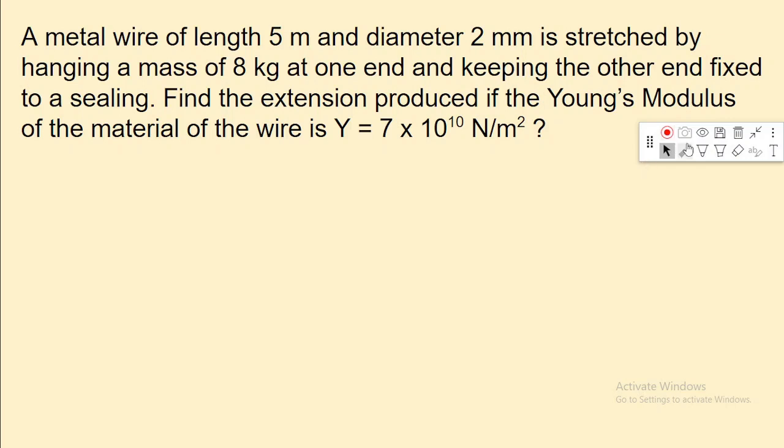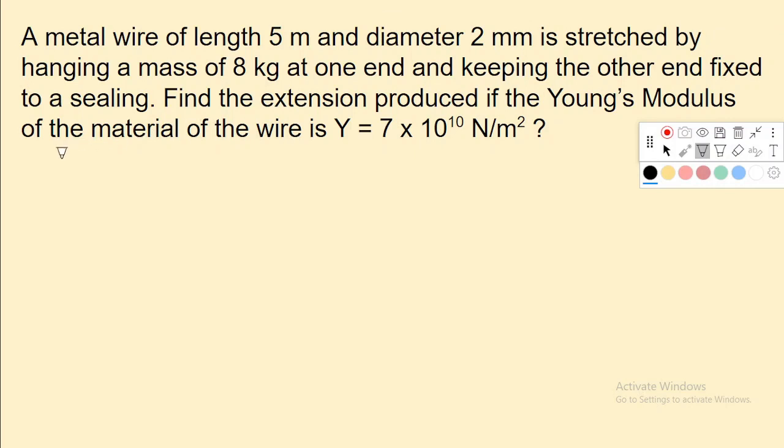Here we have a steel wire which is fixed at one end, and at the other end a load is attached, and we are asked to find the extension produced. So let us first write the data given in the problem.